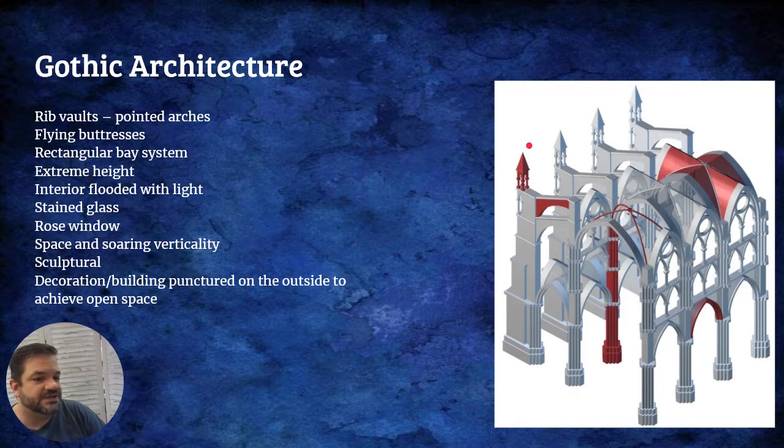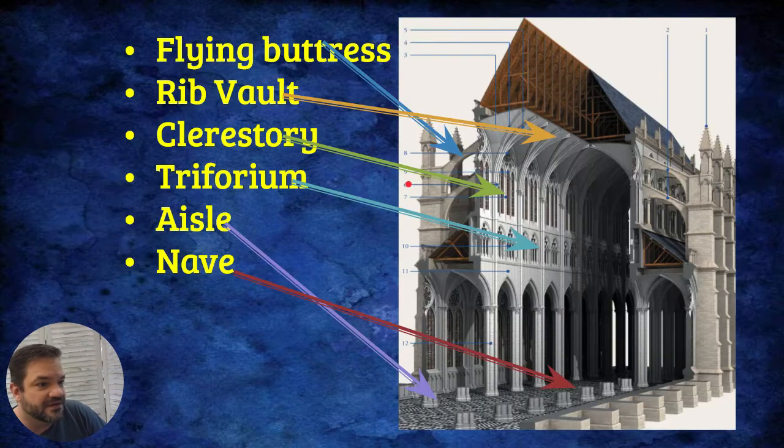Okay. On the outside, you're also going to be getting these things. These are called pinnacles, okay, little spires, and that's another hallmark of Gothic architecture. So here's another cutaway of a Gothic church. We've got our flying buttress with the pinnacles, our rib vault ceiling, our clerestory.